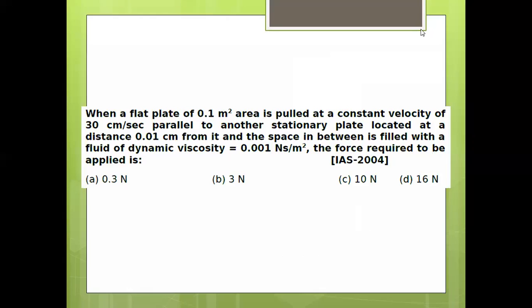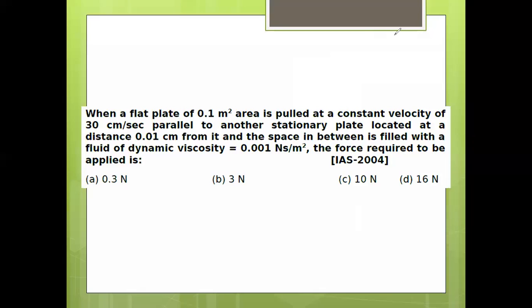Some of the students have put the answers. Samaran has written 3 Newton. Then Anjali option A, Tejasri option A, Project option A. Many students have given the answer as option A, that is 0.3 Newton. See, students are very fast.